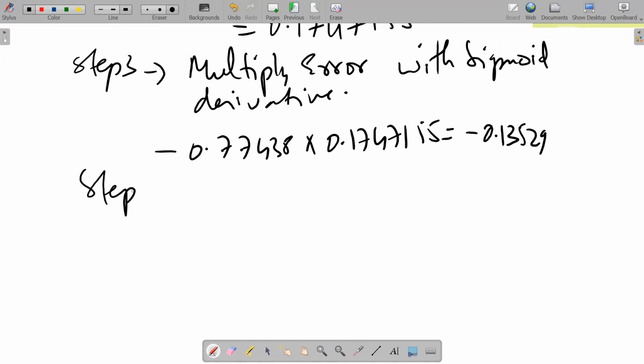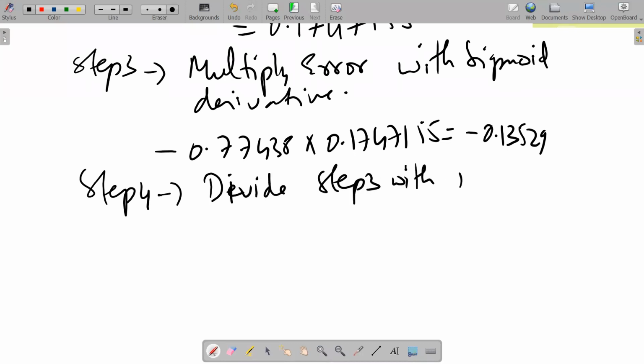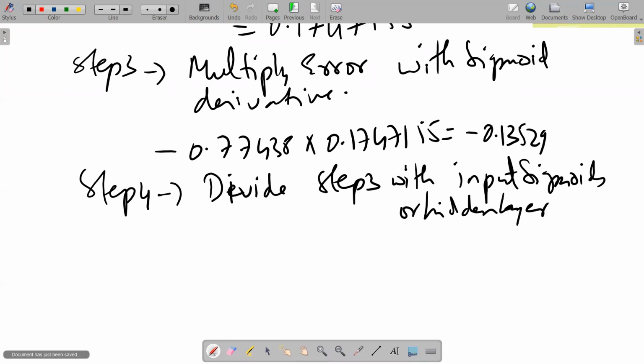Step 4: divide step 3 with input sigmoids, or hidden-layer sigmoids. We will divide step 3 output with hidden-layer sigmoids.